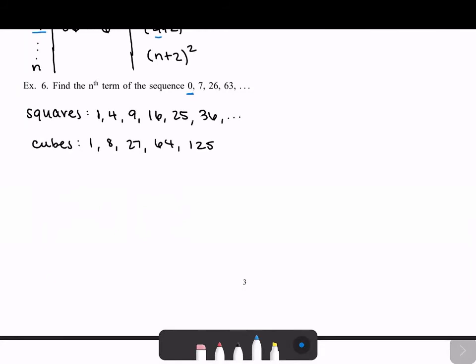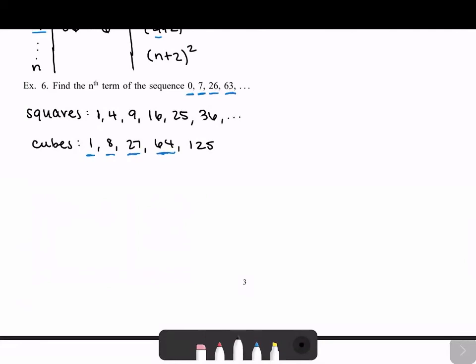So when we look at 7, we see that if we take this 8 and subtract 1, we get 7. If we look at this 26, that's just 27 minus 1. The 63 is just 64 minus 1. And so from this, we see that this sequence that we're given looks really similar to this sequence of cubes, but you just subtract 1 from all of the values.